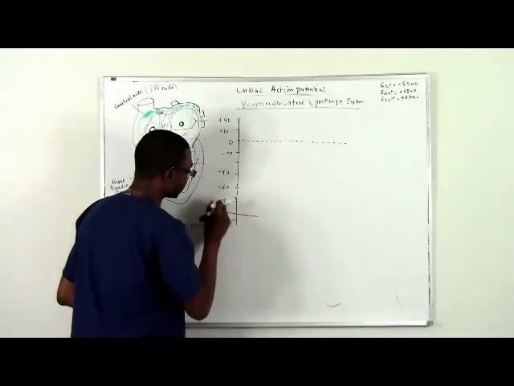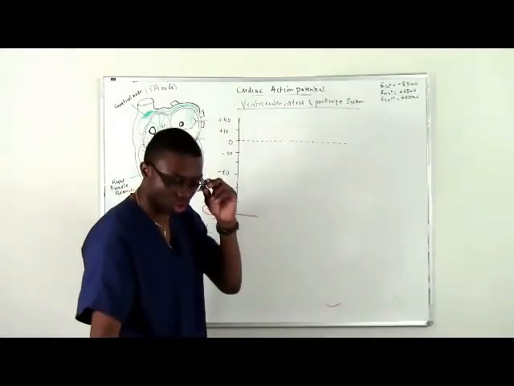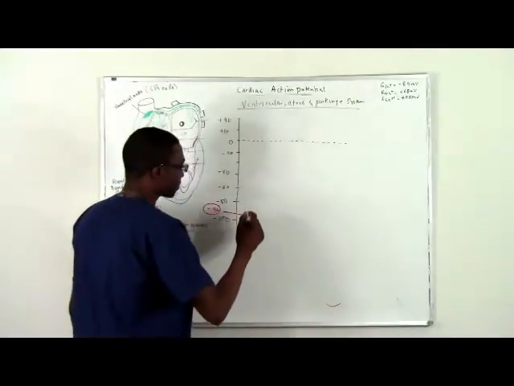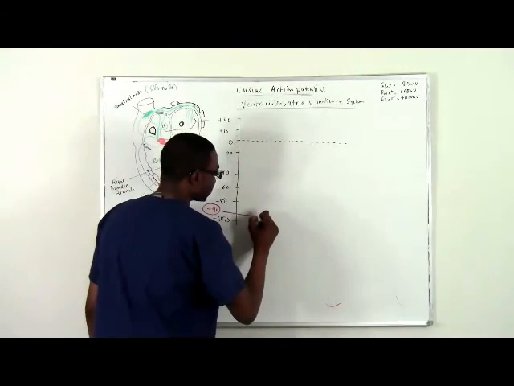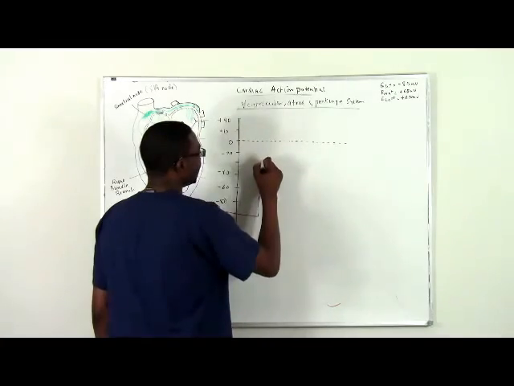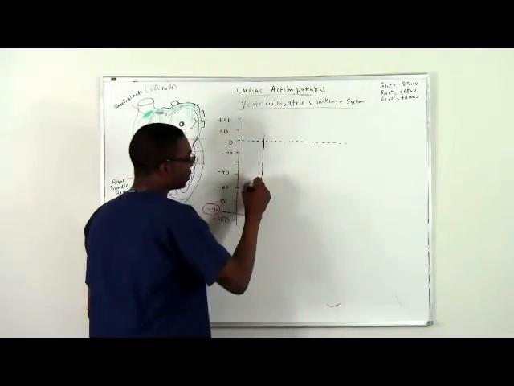Negative 90 is where the resting membrane potential of all the cells are. So in order for them to depolarize, they're going to need an ion. Now I'm going to draw it straight up. This depolarization is known as the phase 0.